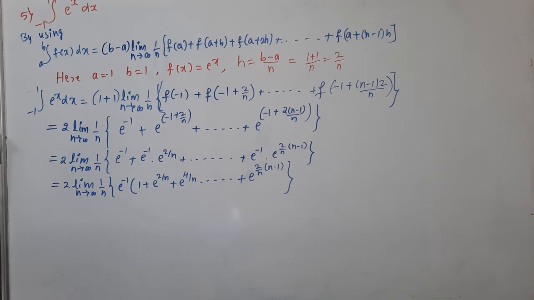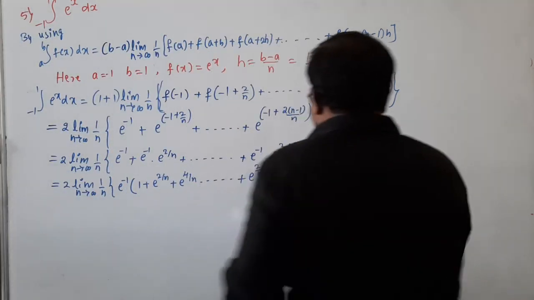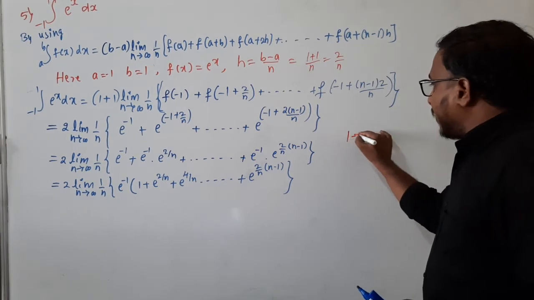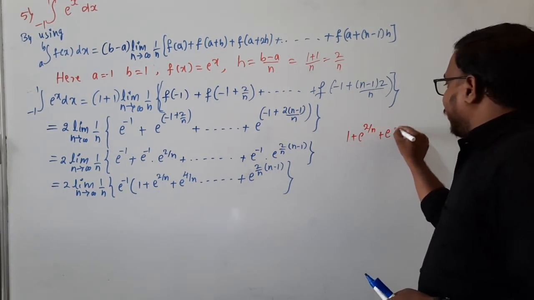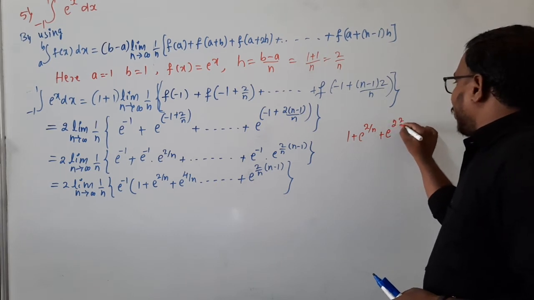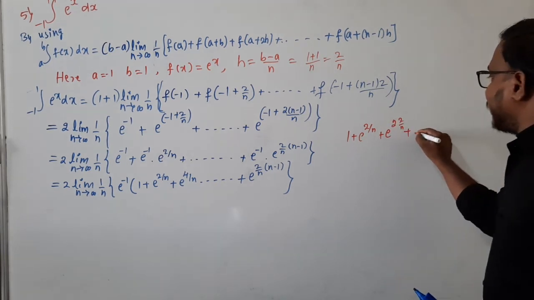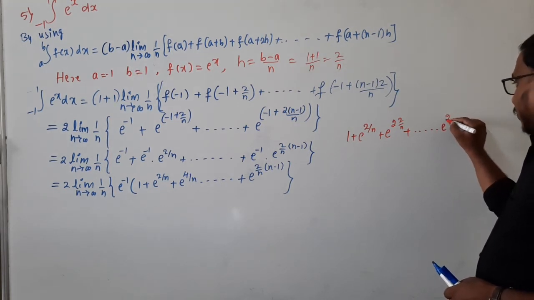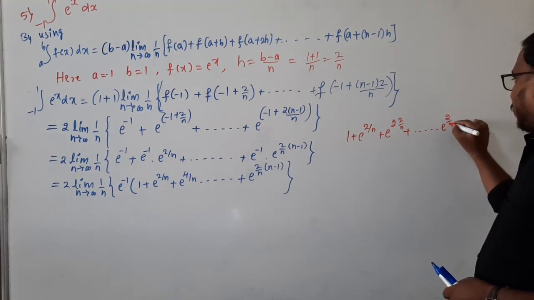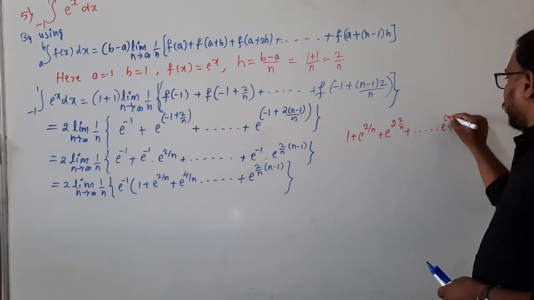Okay. Now we know the formula for the sum of 1 plus e to the power 2 by n plus e to the power 2 into 2 by n, plus so on, up to e to the power (n minus 1) into 2 by n.